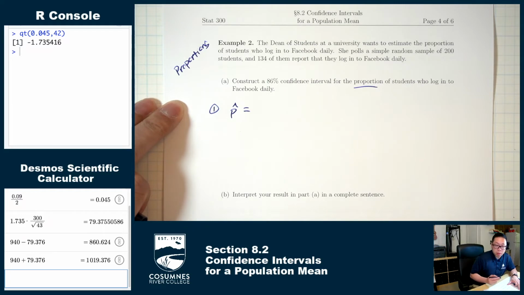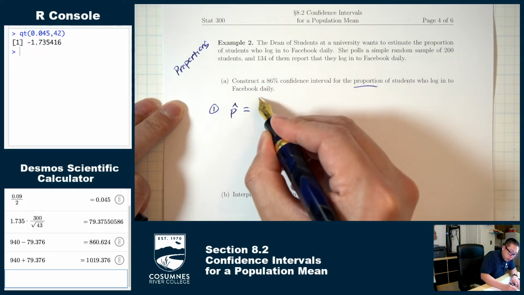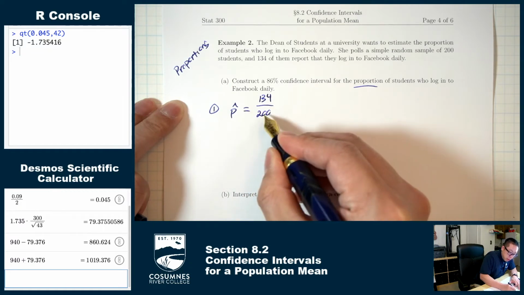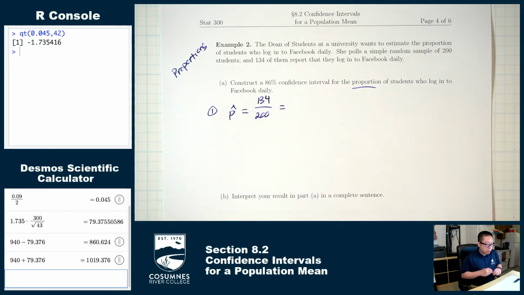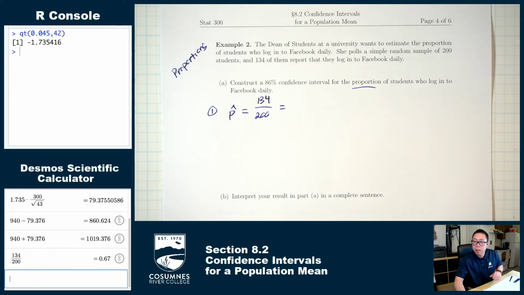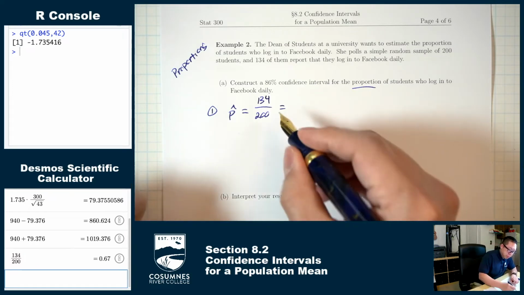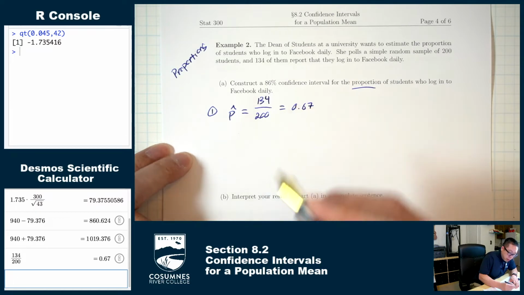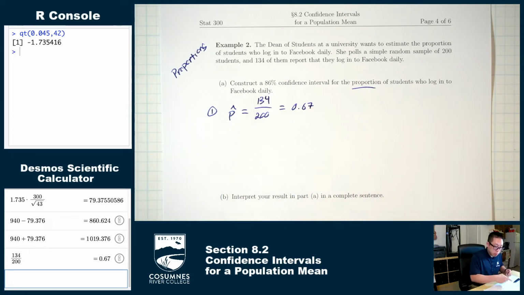So the proportion from a sample is going to be 134 out of 200, out of the total. Okay, 134 out of 200 is 0.67. Okay, if you need to, round to 3 decimal places at that point.